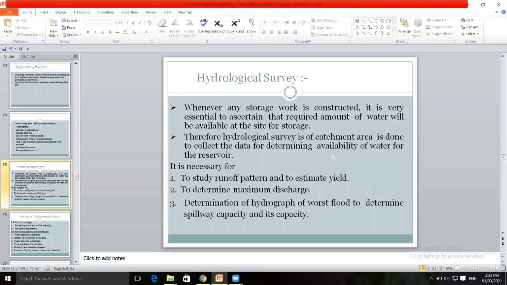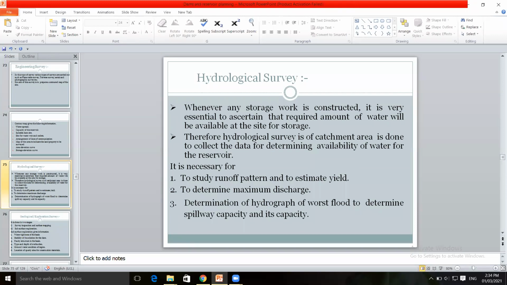So a hydrological survey of the catchment area is done to collect data for determining the availability of water for the reservoir. Availability of water, what is the level of water at that place, what is the highest flood level in the reservoir, minimum water level, dead storage level, normal water level, highest flood level.